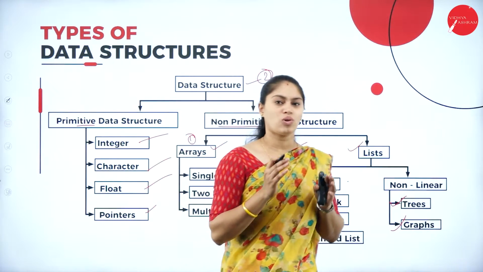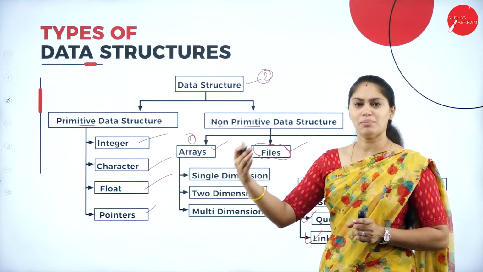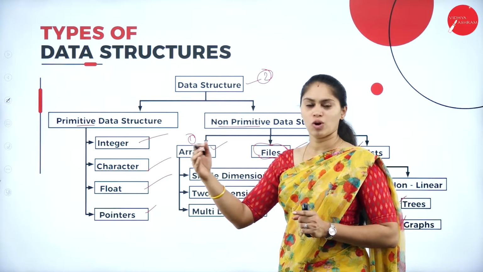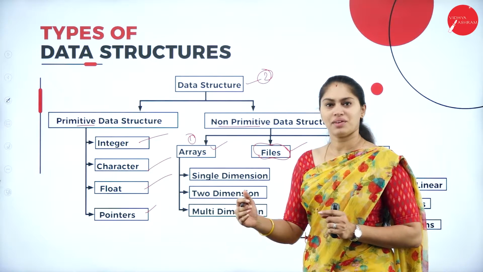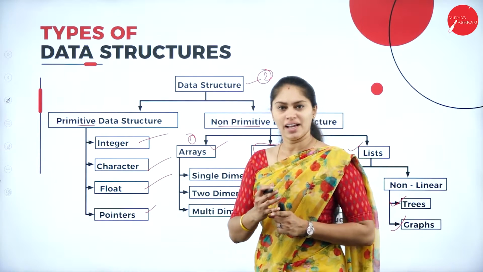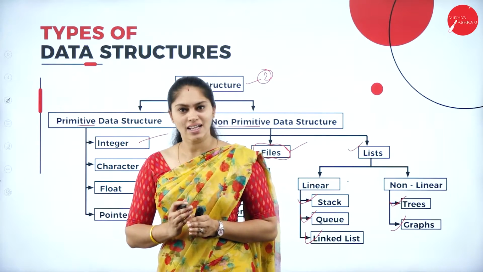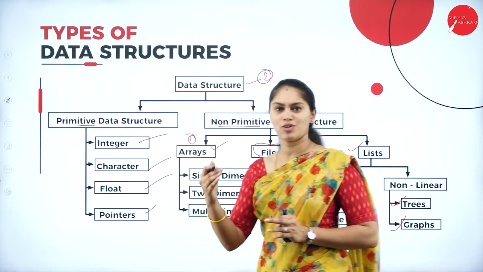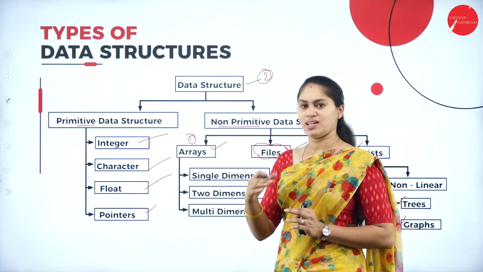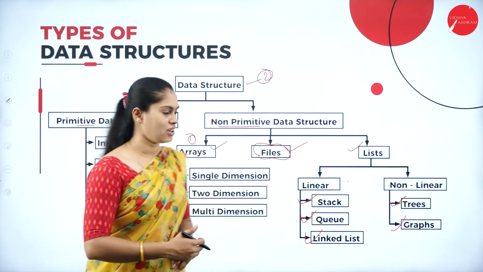Okay, so totally we have two kinds of data structure, primitive and non-primitive. In the primitive, we have integer, float, character, as well as pointer. When it comes to the non-primitive, it has three types: arrays, files, as well as list. In arrays, again three types: one dimensional, two dimensional and multi-dimensional. In files, we have text file and binary file, which we won't bother with in your syllabus.